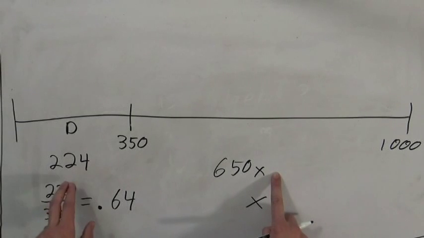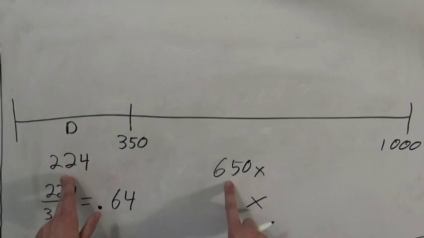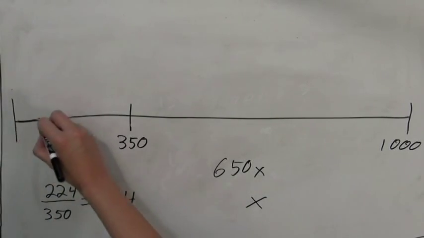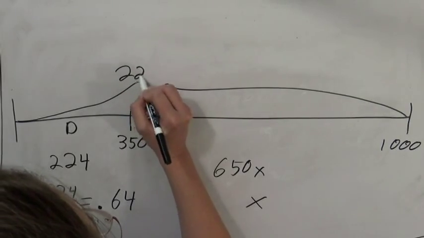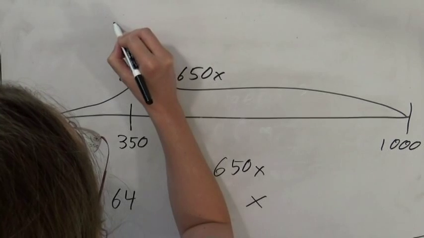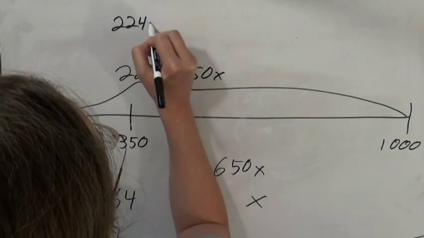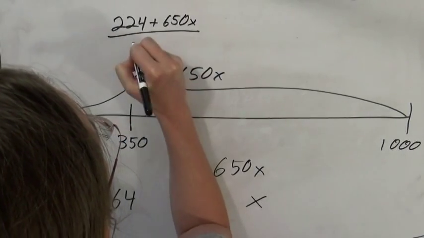I know that the number of points I got in the first half of the class, plus the number of points I got in the second half of the class, will be the total number of points I got through the entire class. And I know that my final grade will be determined by the total number of points I get through the course of the semester divided by 1,000.